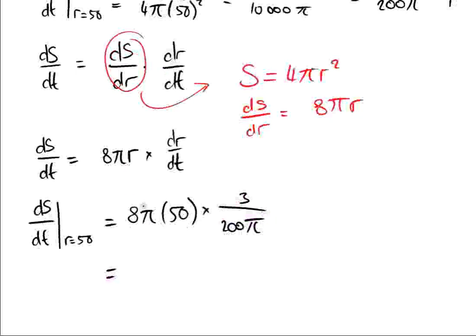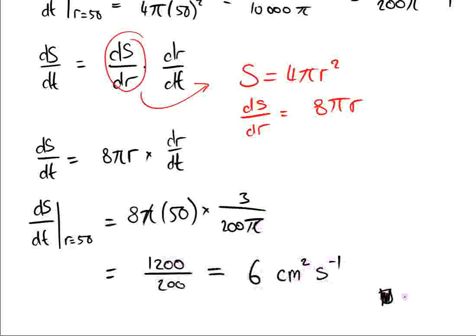Well, my pi's are going to cancel each other out. 8 times 50 is 400, and 400 times 3 is 1200. So I get 1200 over 200 now that the pi's have cancelled, and this is equal to 6. But we can't forget our units. We're talking about surface area with respect to time, so this is 6 square centimeters per second. And that finishes example 4.